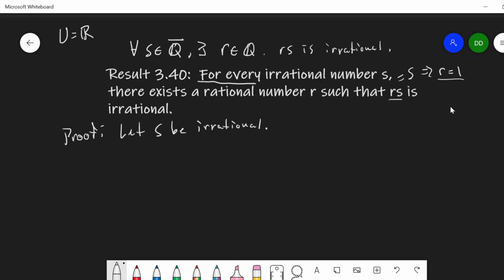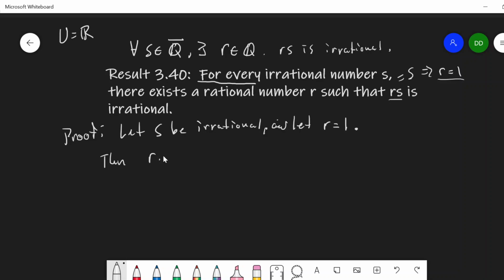So the idea is to choose R equal to 1. Then when I multiply by S, that's still equal to S, and that'll give me what I want. So let S be irrational, and let R equal 1.